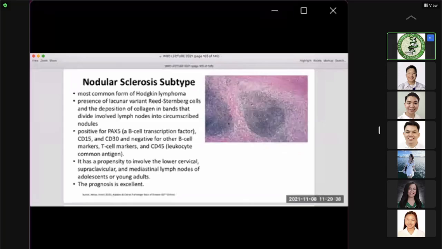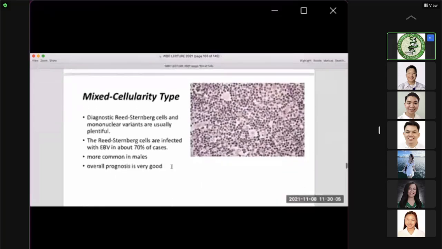No, there is collagen bands, no, that divide the lymph nodes into circumscribed nodules, positive for PAX5, no, CD15, CD30, and negative for these markers. Okay, usually involve lower cervical, supraclavicular, and mediastinal lymph nodes of adolescents or young adults. The prognosis is excellent. Okay.